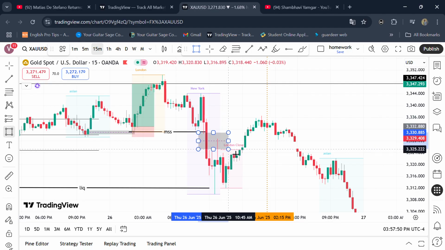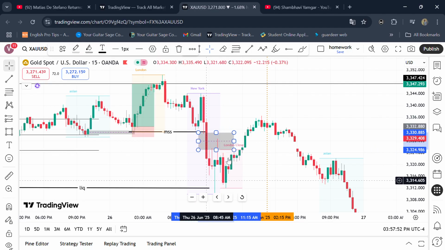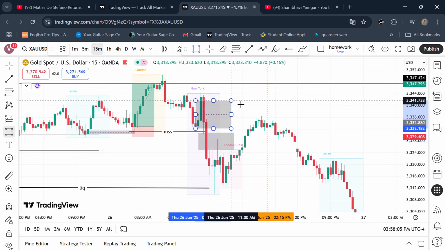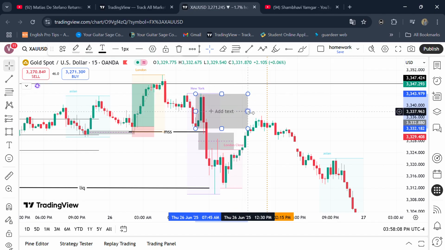See, this is the FVG that it created, and these two green candles amongst the downward red candles suggest that there was buying, which means that these are order blocks for this leg.